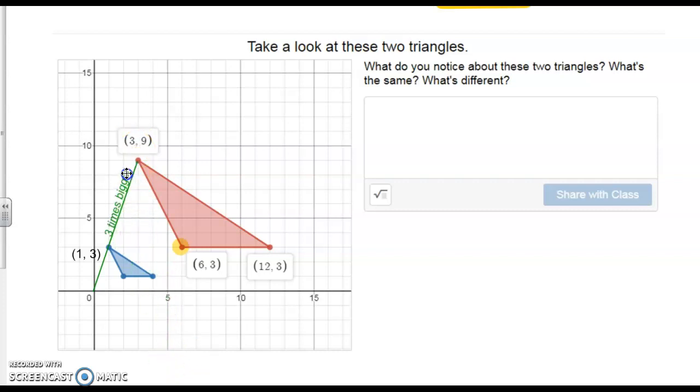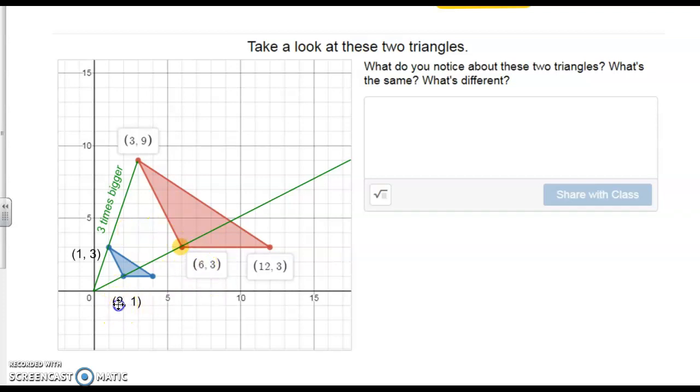And what you should see is, oh, well, how much bigger is it? I noticed we went from a 1 to a 3 and a 3 to the 9. It's actually getting 3 times bigger. Does that work with all of them? So if I went from here, and again, if you click on this dot, Desmos will pull up what the ordered pair is, and we're going from a 2, 1 to a 6, 3.